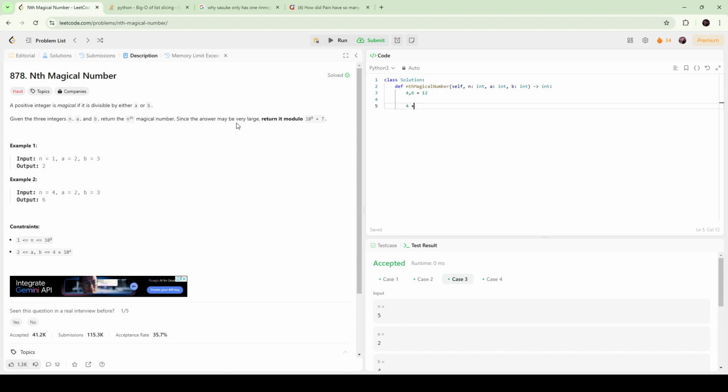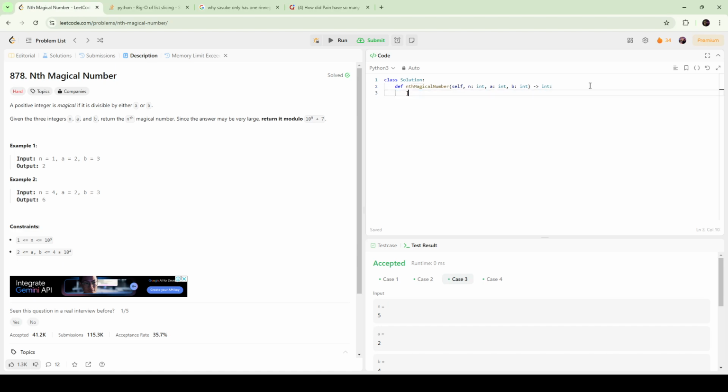You can see 4 plus 4 is 8, 8 plus 4 is 12, right? And 6 plus 6 is 12. So if I get 2 plus 1, I'm going to get 3, but 12 is double counted, so I'm going to get 2.